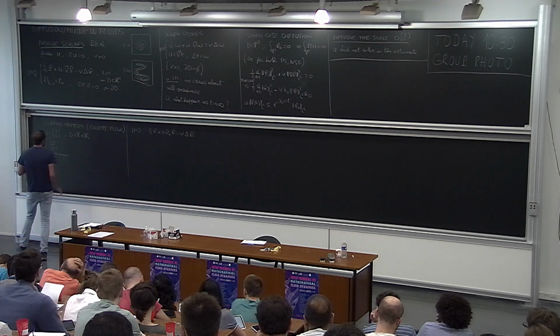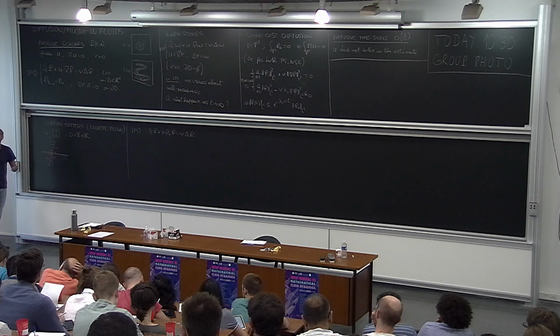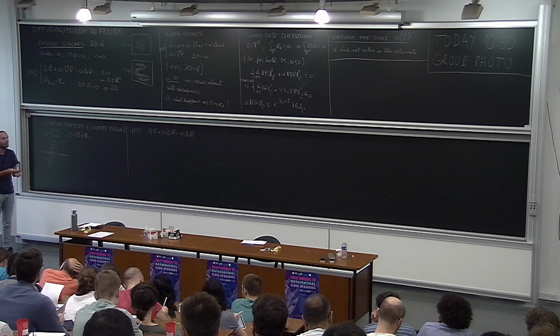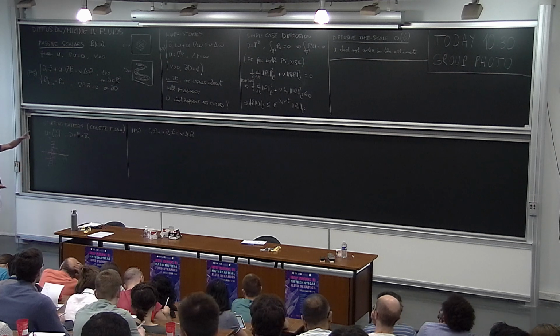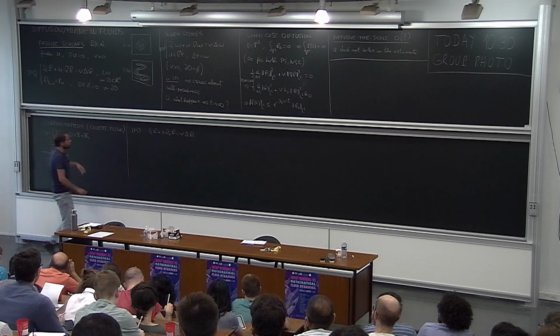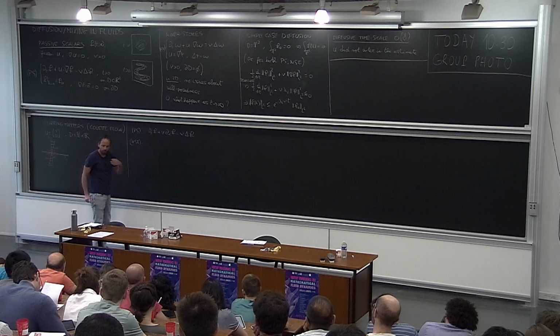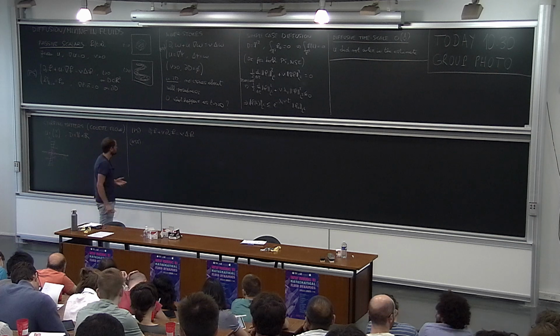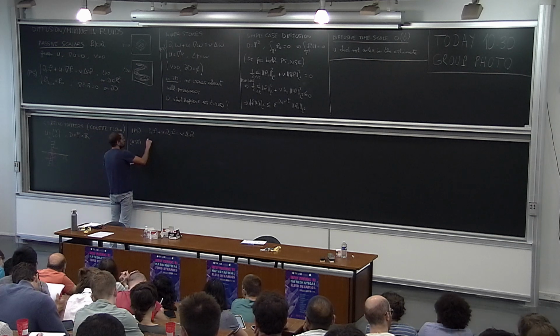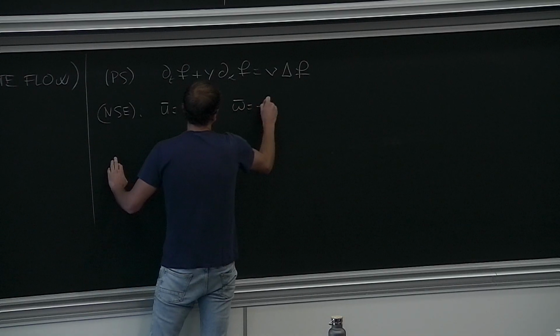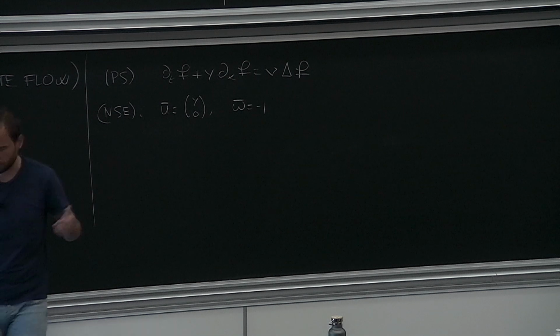It means that I really look at what happens to the vorticity when I put myself near the Couette flow. So it is more like a perturbation type setting. Let me call it U bar now, and omega bar is -1. This is a stationary solution to Navier-Stokes; you just check it from the equation.